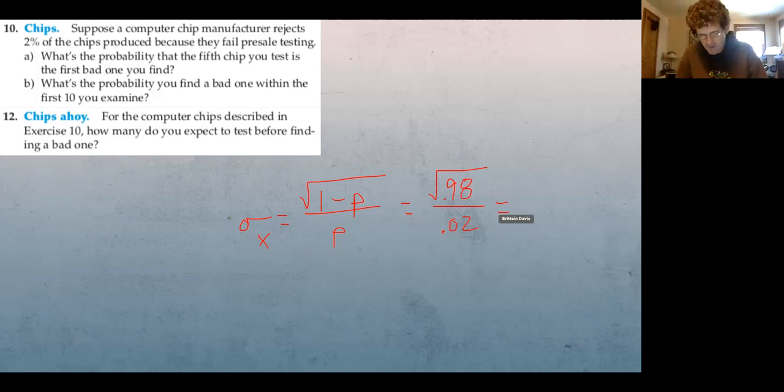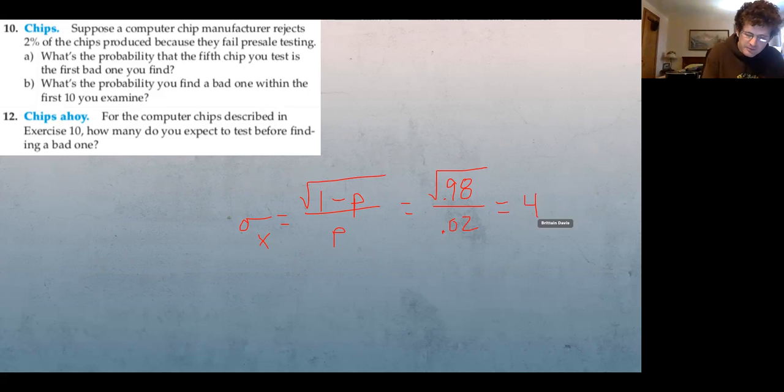So we can do that easy enough. And I got 49.5. Or not percent, I apologize. It's the standard deviation, so it's the same unit as before. It's going to be 49.5 chips for your standard deviation.